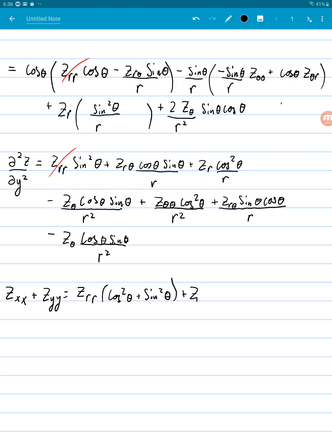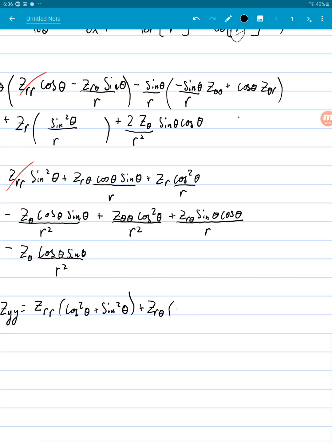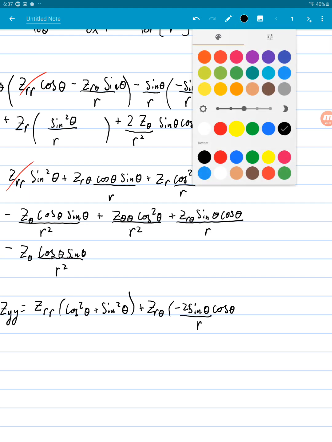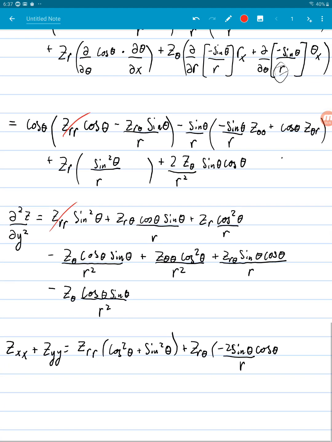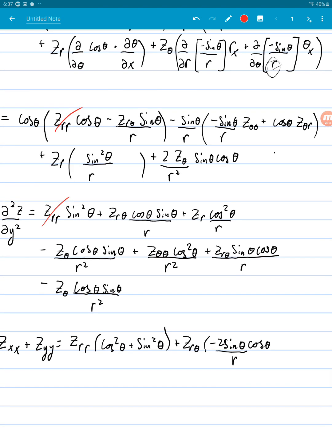Then we have our zr theta terms. We'll have minus 2 sine theta cos theta over r, which is coming from minus sine theta cos theta z theta r over r from that term there.